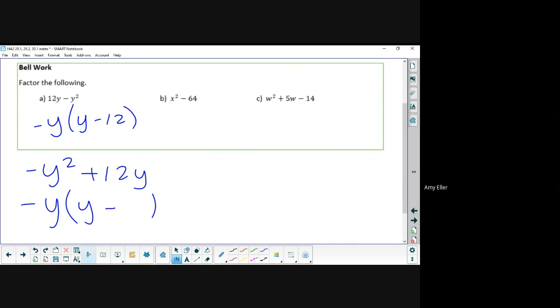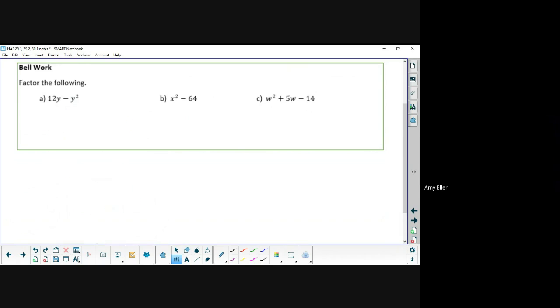Divide by a negative, gives me this. You didn't have to take out a negative if you just took out a y and left it like this. That is acceptable too. Just know at some time today, we will take out a negative. There's no equal sign, so you would just leave it with multiplication.